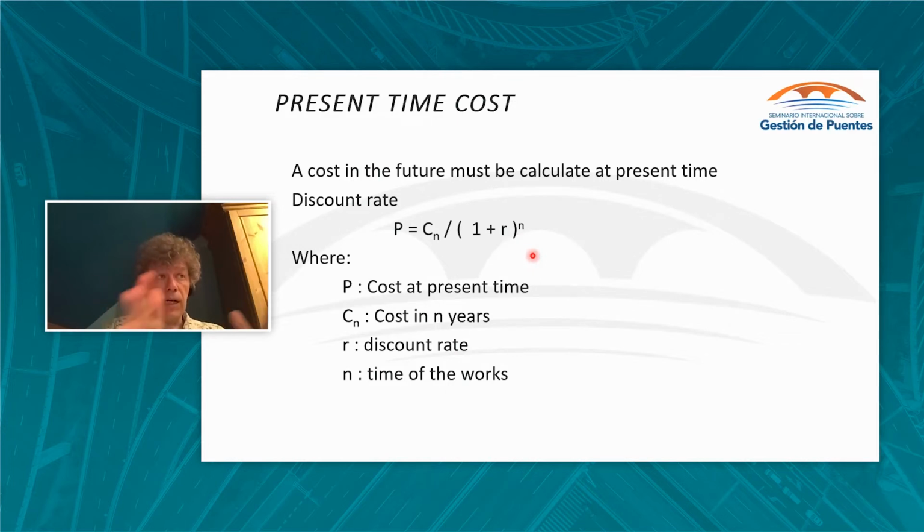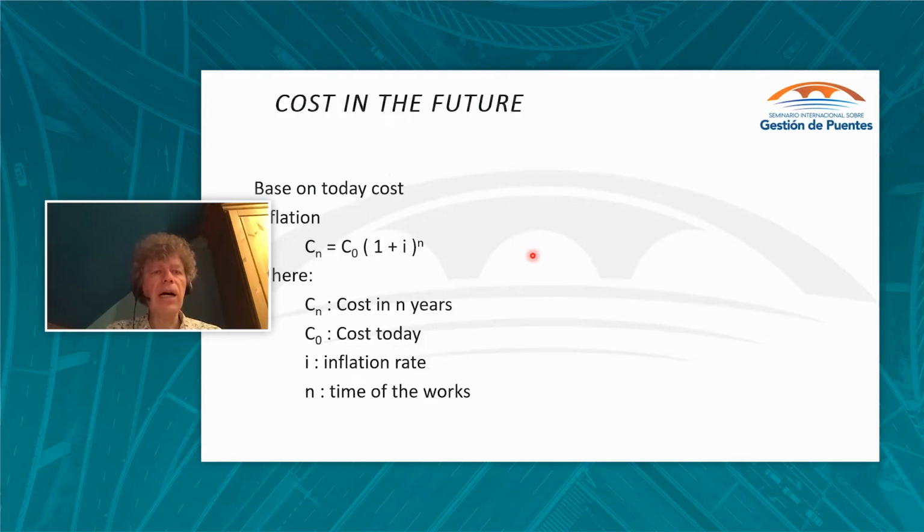So I have all the costs today, but it's also difficult sometimes to know what will be the cost of 1 cubic meter of concrete, for example, in 20 years. I know the cost of 1 cubic meter of concrete today, but what will it be in 20 years?